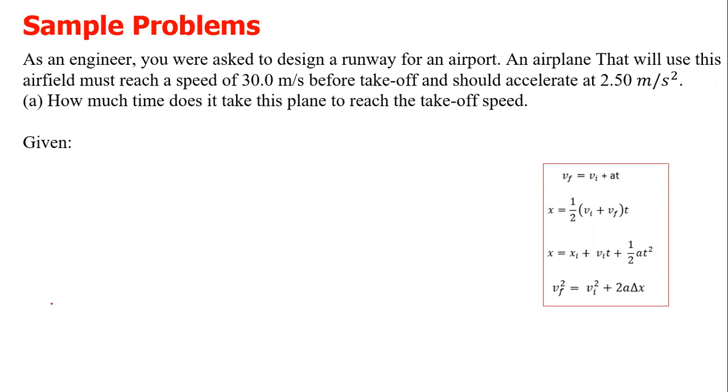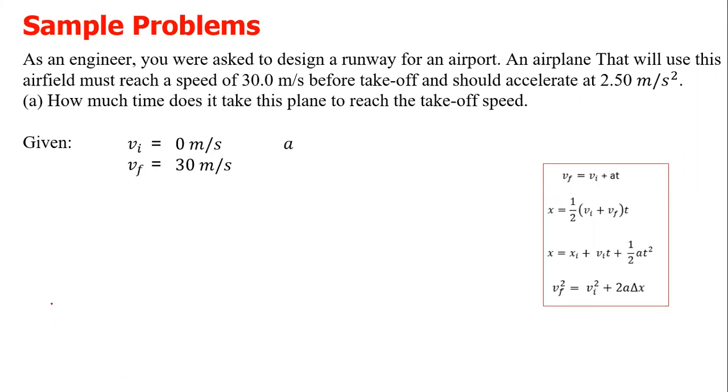So una, kailangan natin gawin is identify natin yung mga given quantities doon sa problem. So identify natin. Una, meron tayong initial velocity which is equal to 0 meter per second. And we also have a final velocity which is equal to 30 meter per second.